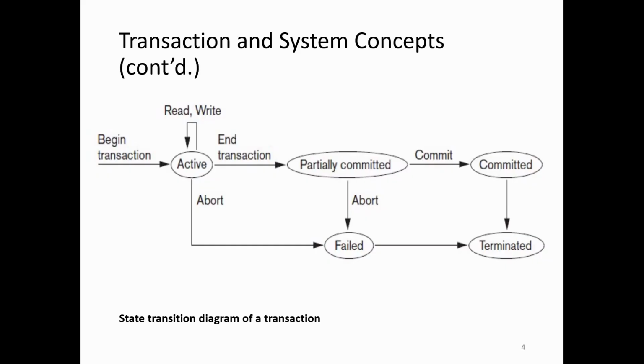This is the state transition diagram of a transaction. It illustrates the states for transaction execution. When a transaction is executing, various states are available.